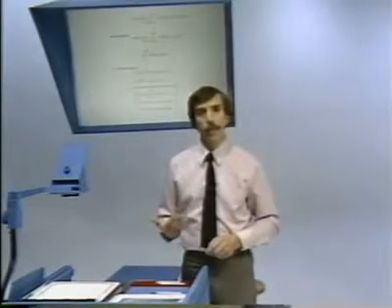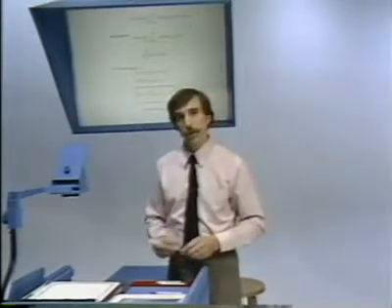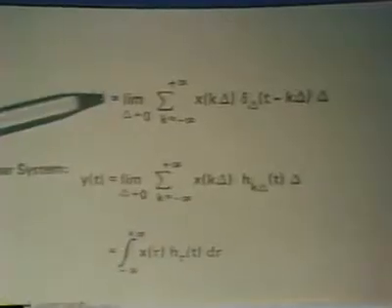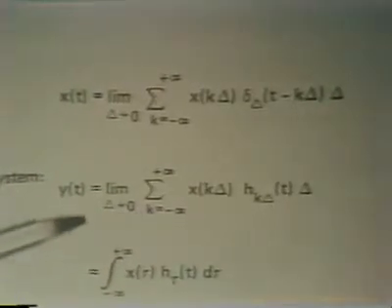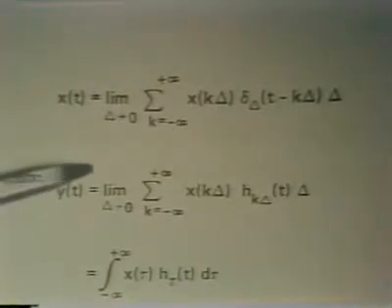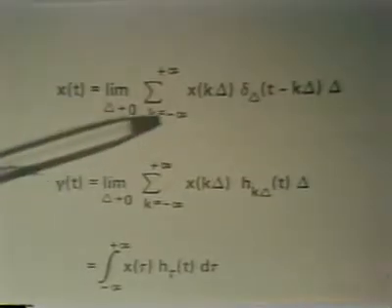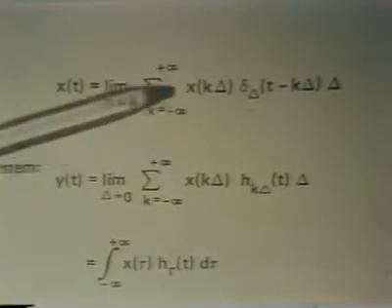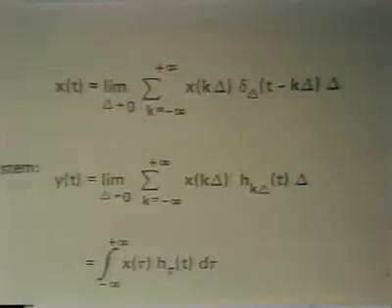By describing a time function as a linear combination of weighted delayed impulses, as we've done through this summation that corresponds to a decomposition in terms of impulses, we can now exploit linearity, specifically recognizing that the output of a linear system is the sum of the responses to these individual inputs.